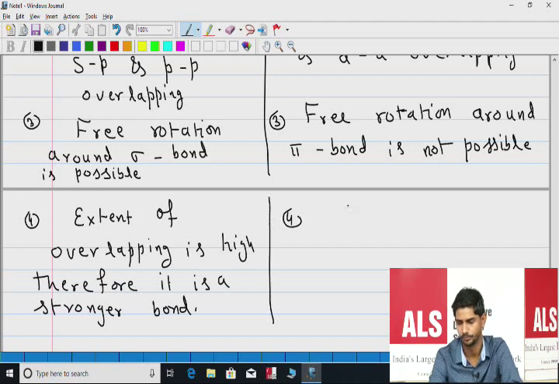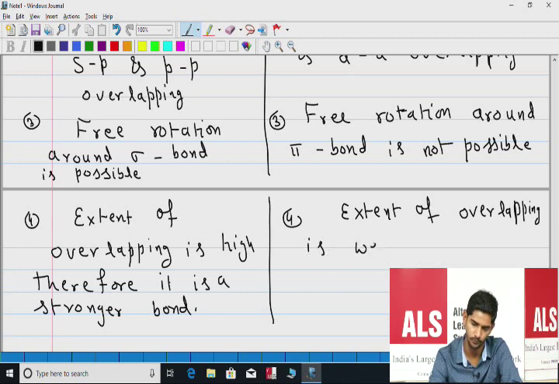Extent of overlapping is weak, therefore it is a weaker bond.